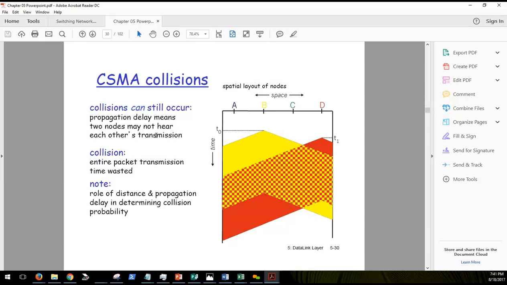So if you have two nodes on opposite ends of the wire, just based on the amount of time it takes to propagate across the wire, they may not hear one another and therefore may not be aware that they're colliding. It's only towards the end of the transmission that they end up colliding. With a collision, the entire packet transmission time is wasted and we have to retransmit. So the role of distance and the propagation delay in determining the collision probability is what they're trying to determine here.